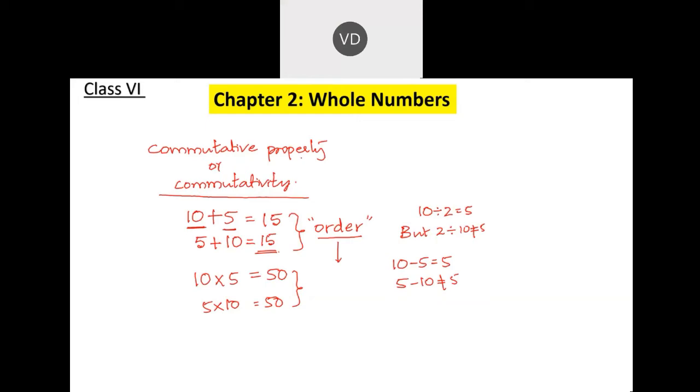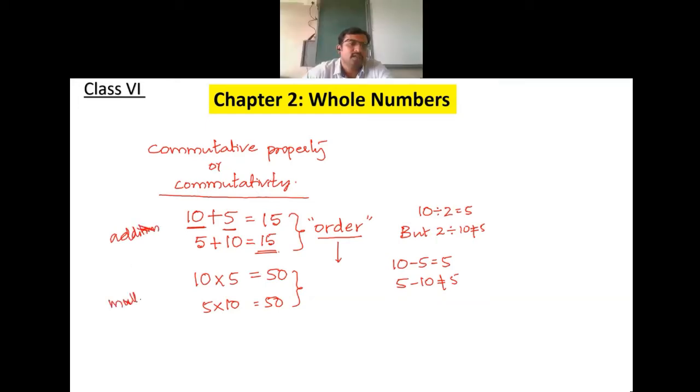So, commutative property is true in case of addition and multiplication. It is not true in the case of division and subtraction.